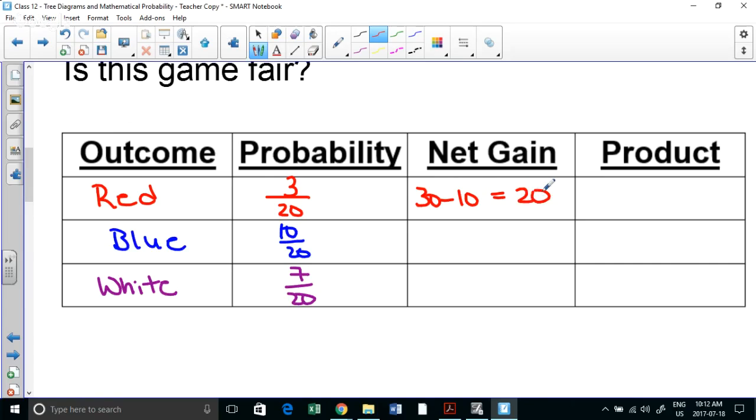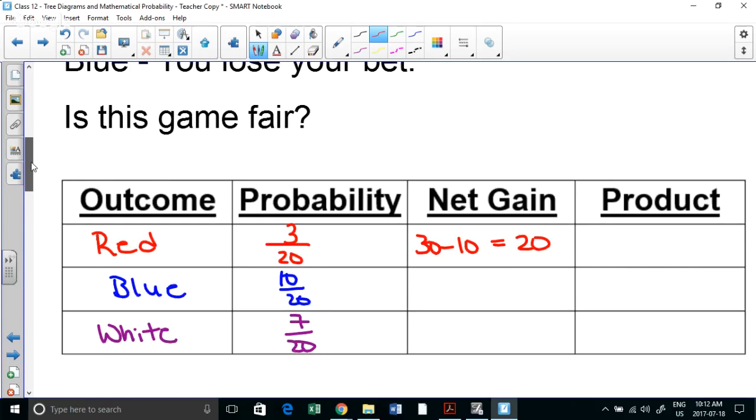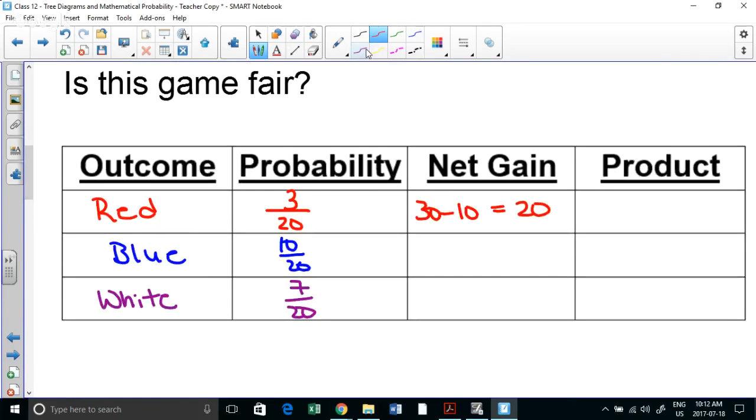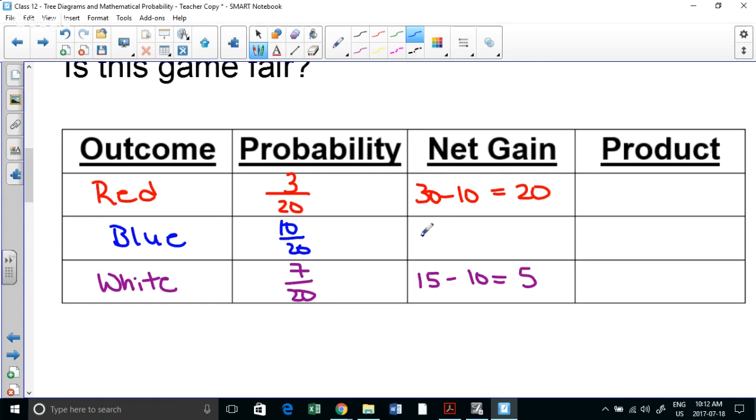So I am walking away $20 in the plus. White, I win $15, but I've paid 10, which means I win $5 in reality. For the blue, it just says I lose my bet, which means I've bet $10, so I don't get anything. So in reality, I've lost $10.